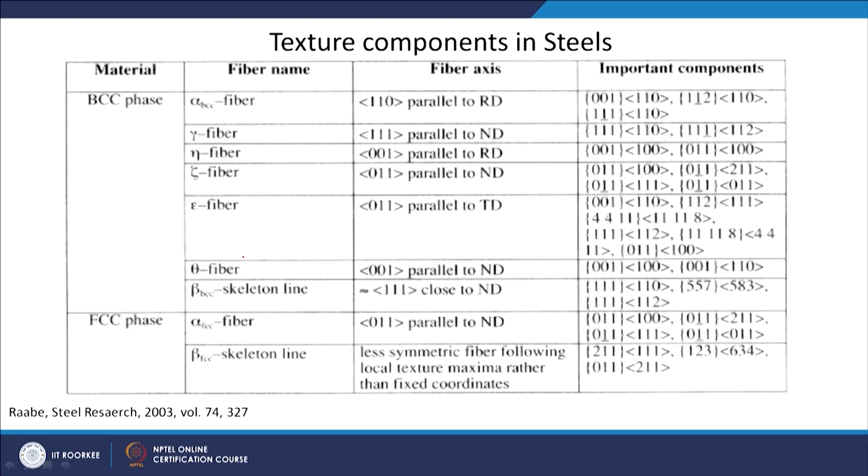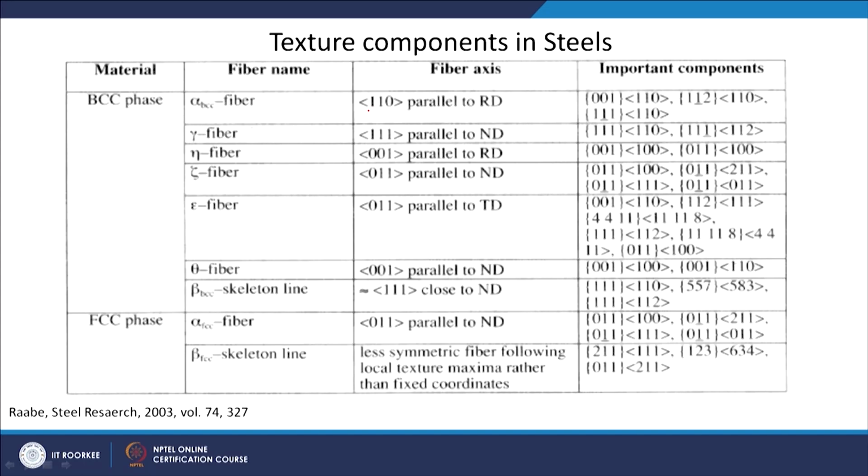Fiber means, for example, as already given here, that my 110 direction is parallel to the rolling direction, but we are not specifying the plane. So whenever you have a fiber, that means any plane whose 110 direction is parallel to the rolling direction.